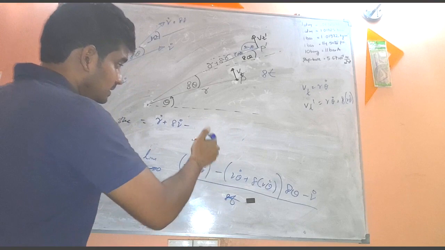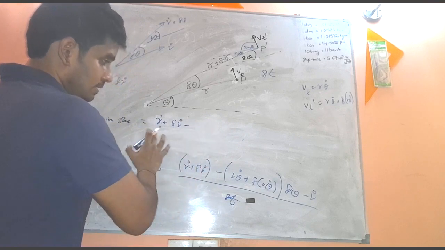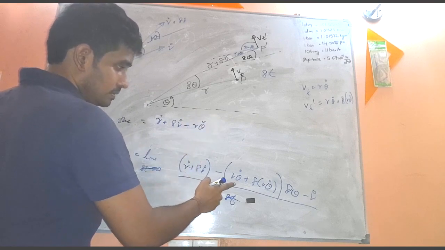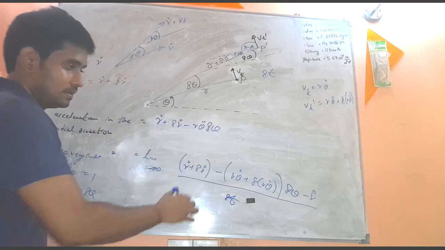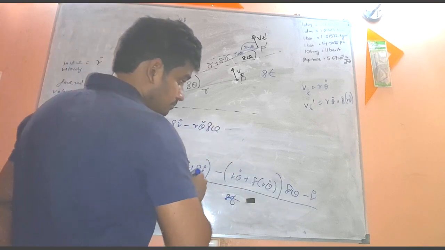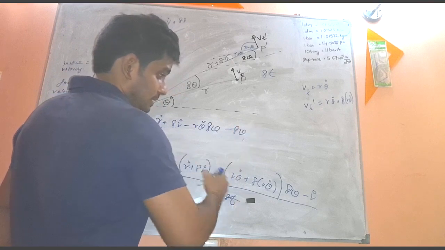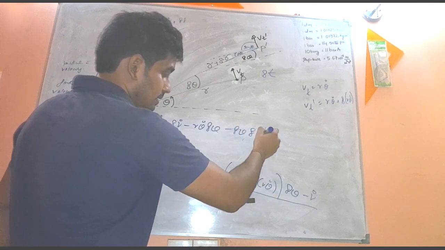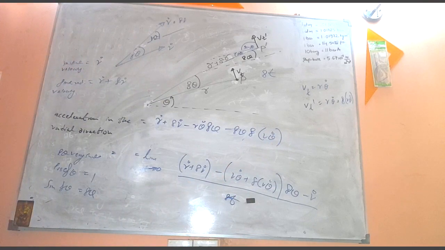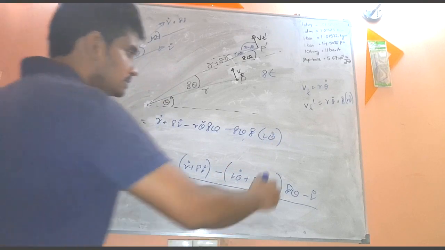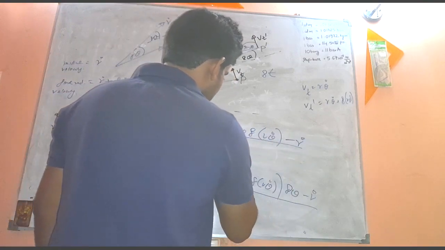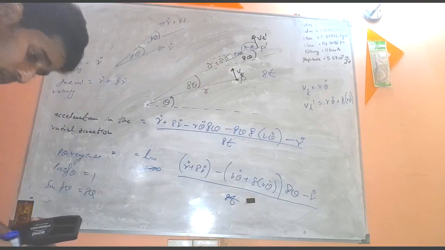Now we have to expand this: minus r theta dot delta theta, minus delta theta times delta r theta dot, minus r dot, divided by delta t.